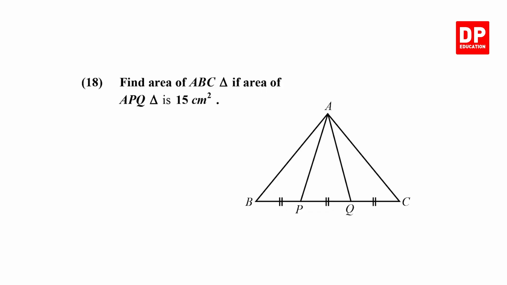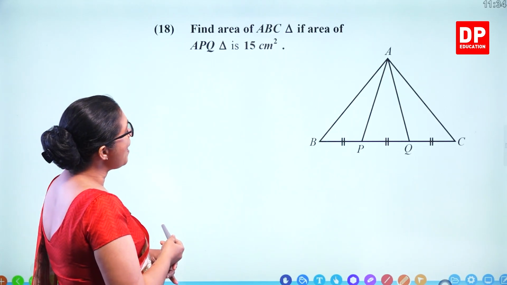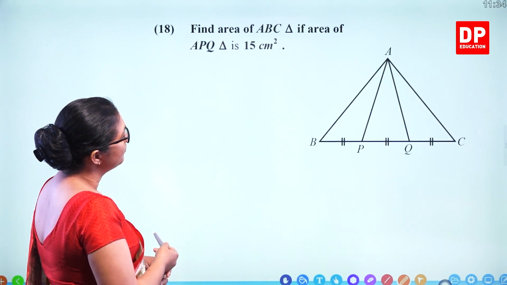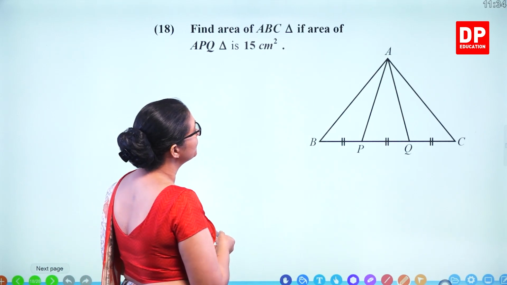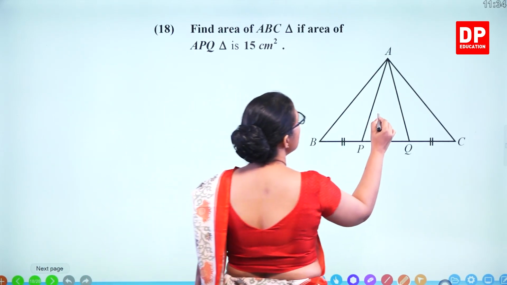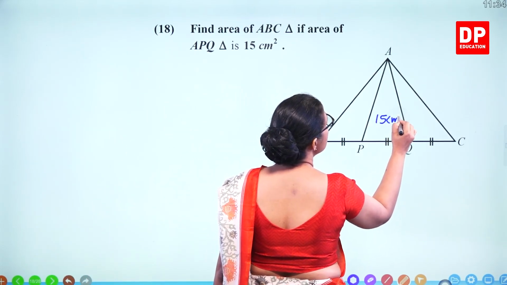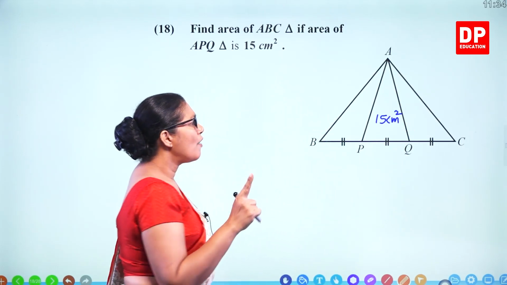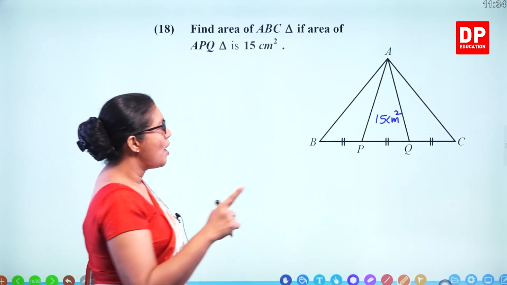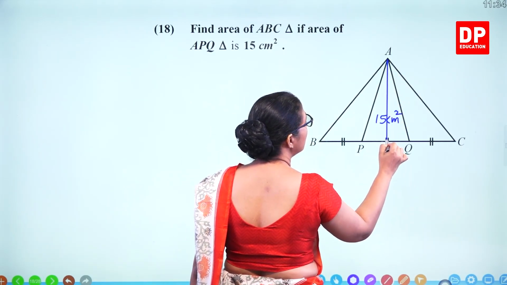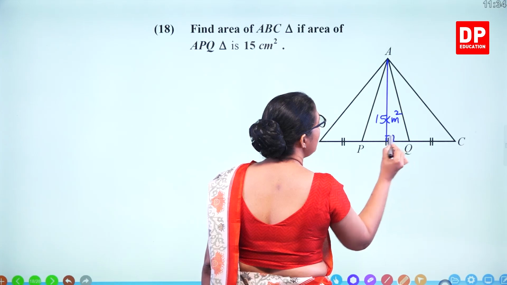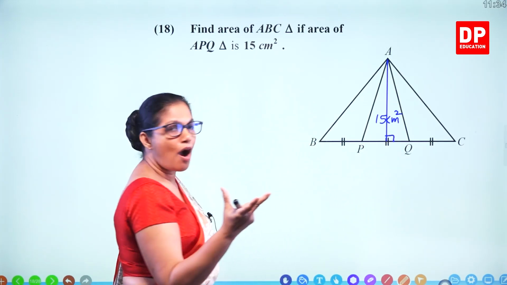Question number 18. Find the area of triangle ABC if the area of APQ is 15 square centimeters. How do you find out the area of APQ? The perpendicular height into base into half.